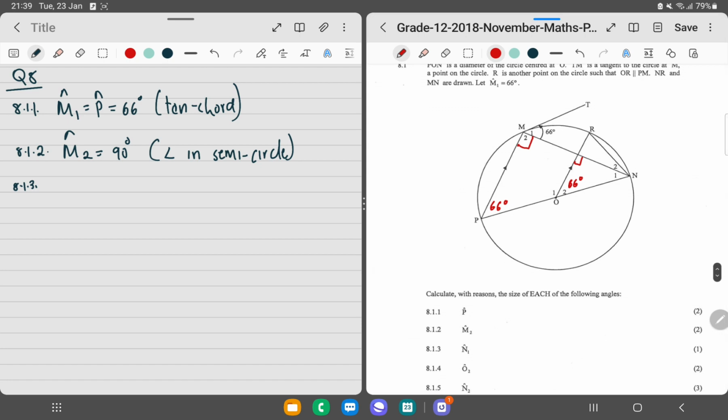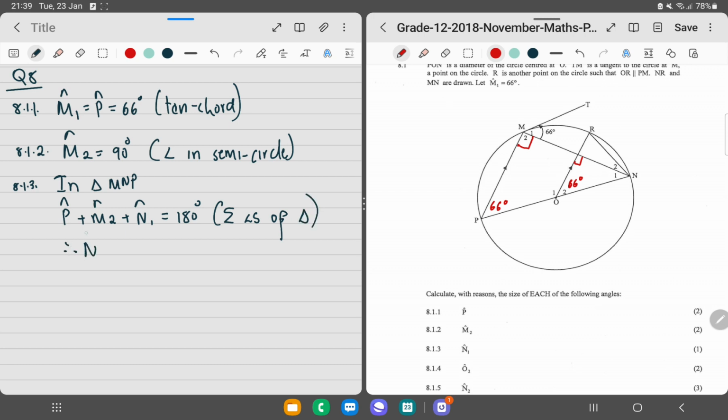8.1.3. And then they are looking for N1. So in triangle MNP, we know that P plus M2 plus N1 should be equal to 180 degrees. And this is because of the sum of the angles of a triangle.